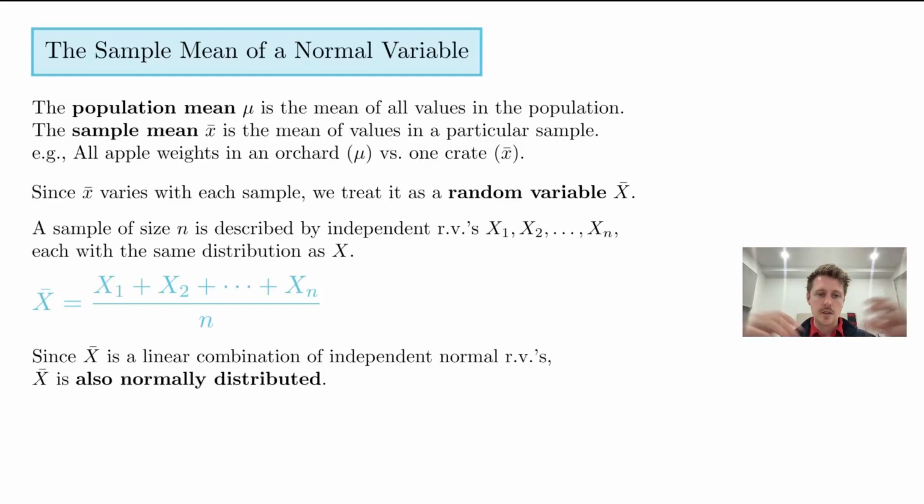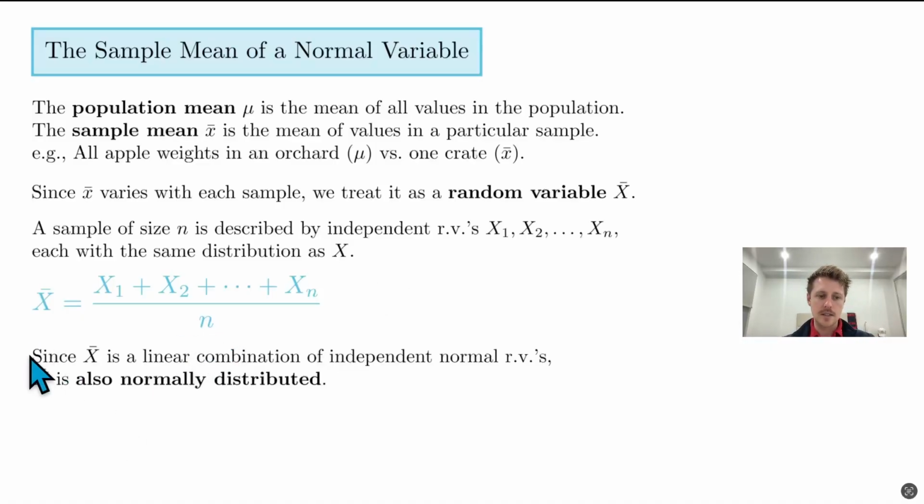So we end up with a random variable x bar, where we want to find the sample mean. We take x sub 1 plus x sub 2, so weigh apple 1 in your crate, apple 2, apple 3, all the way up to however many apples you want to weigh in your sample, and then divide by how many apples you collected.